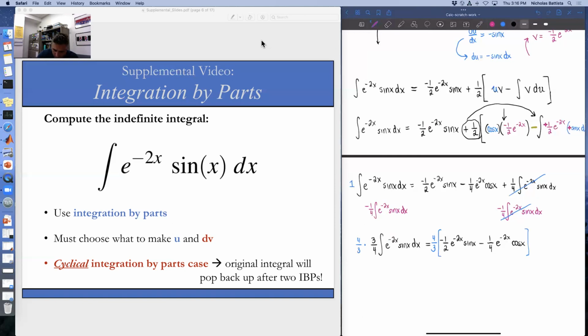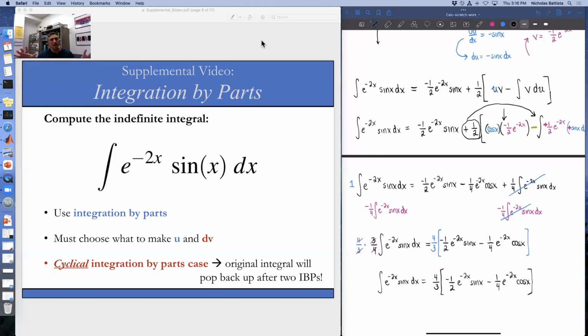So if we do that, multiplying both sides by 4/3, those coefficients on the left-hand side cancel, and we just get that integral by itself. On the right-hand side, we actually just have some functions: 4/3 times minus 1/2 e to the minus 2x sine of x minus 1/4 e to the minus 2x cosine of x. And at this point, you might be saying, well, so what?